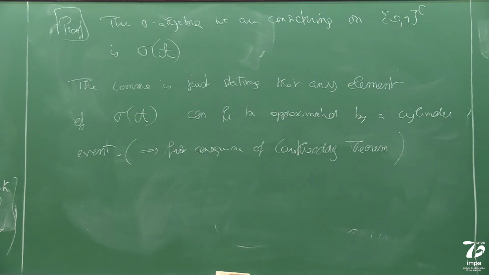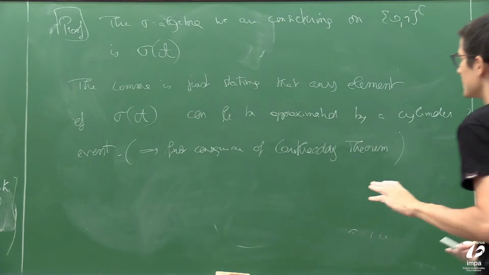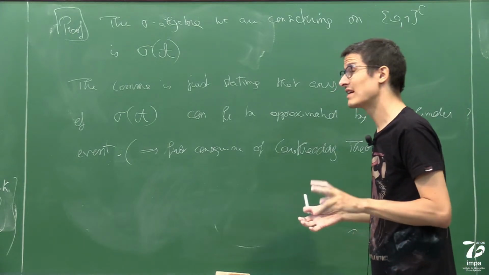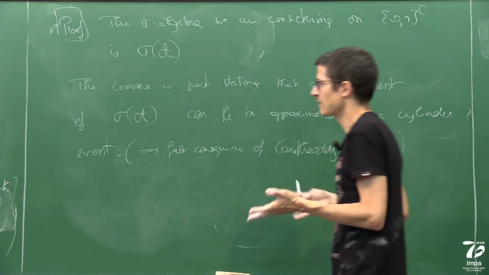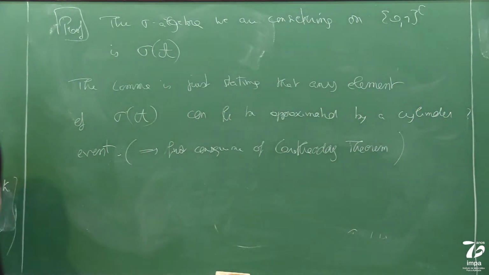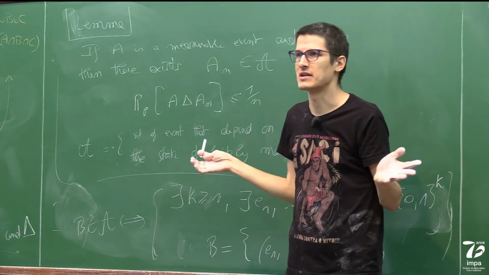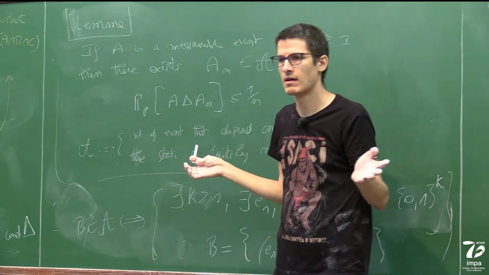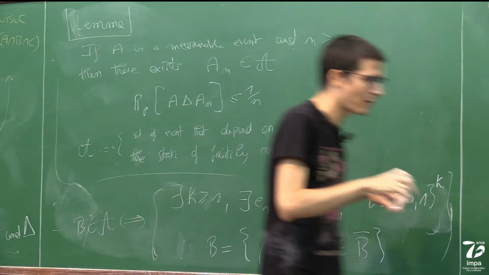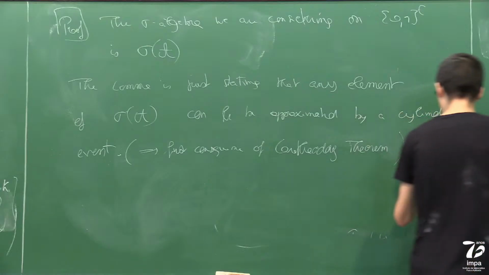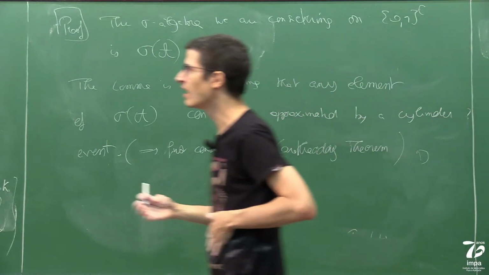Okay, and if you look deeper at this approximation result, what the result says is that events with finite measure can be approximated. But here we have a probability measure, so all events have finite measure. So I think this is really the most direct way of justifying this lemma.